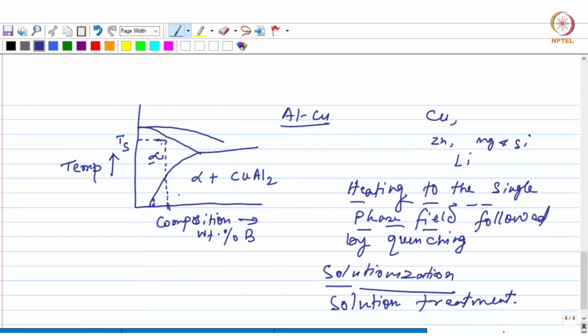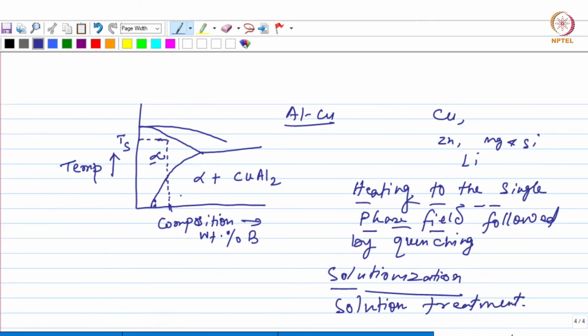So now if you cool this at a very high rate, by quenching it in a liquid, then whatever concentration of the solute atoms you have at this particular temperature will be retained at room temperature, right? So when it comes down to room temperature after the quenching operation, it will be a supersaturated solid solution.